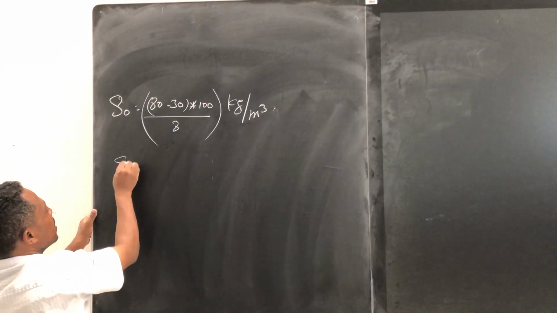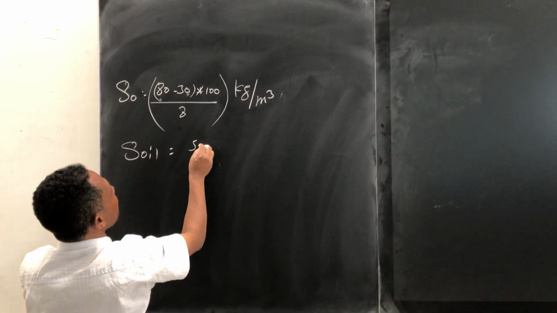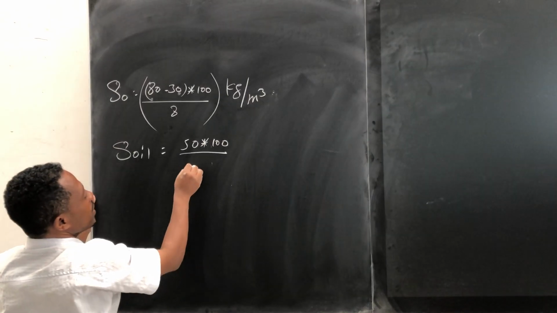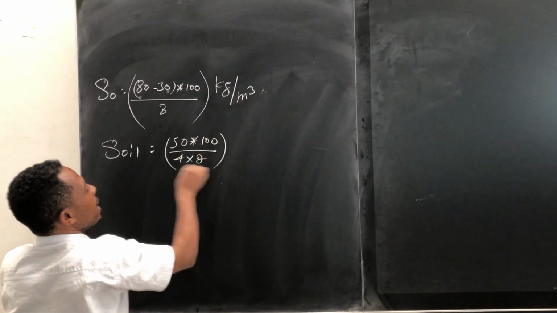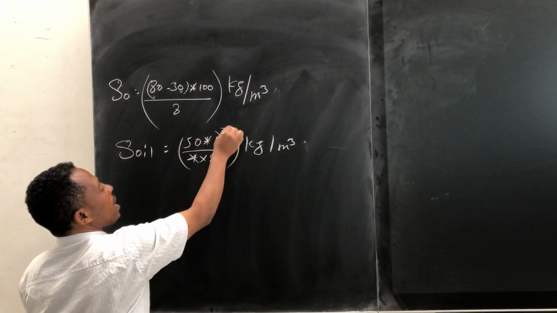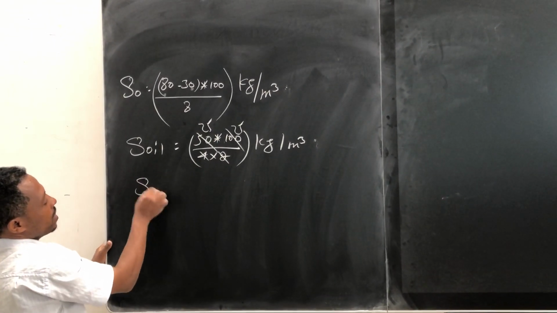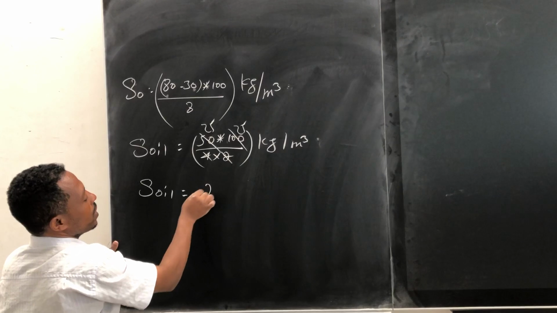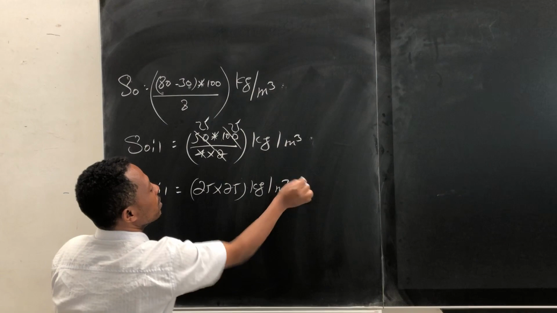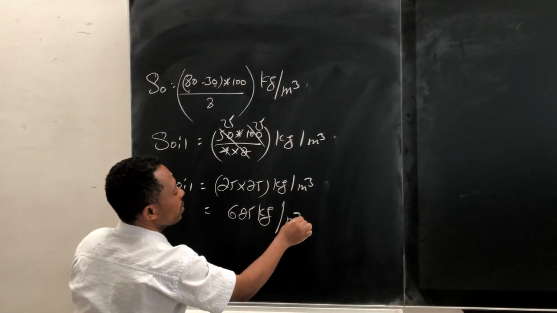This becomes 50 times 100 over 8, which means 4 times 2, kilogram per cubic meter. By 4, 100 over 4 is 25, by 2, 50 over 2 is 25, and so the density of the oil becomes 25 times 25 kilogram per cubic meter. This becomes 625 kilogram per cubic meter.